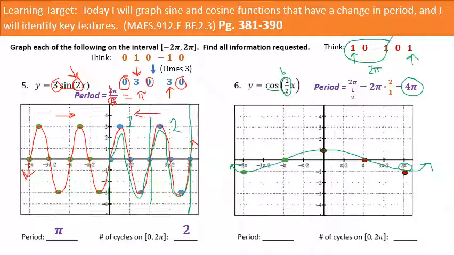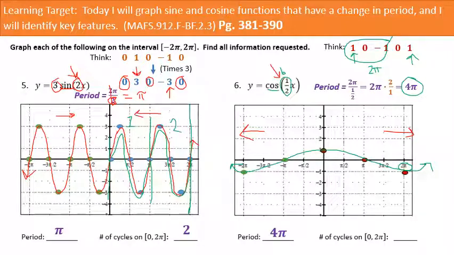Almost like you had a spring and you're pushing those two sides together and everything's getting smaller. Well, if the b value is less than 1, like in number 6, it's like you're taking that spring and you're stretching it out, pulling it out this way. You're making everything longer. So we only see half of the cycle.